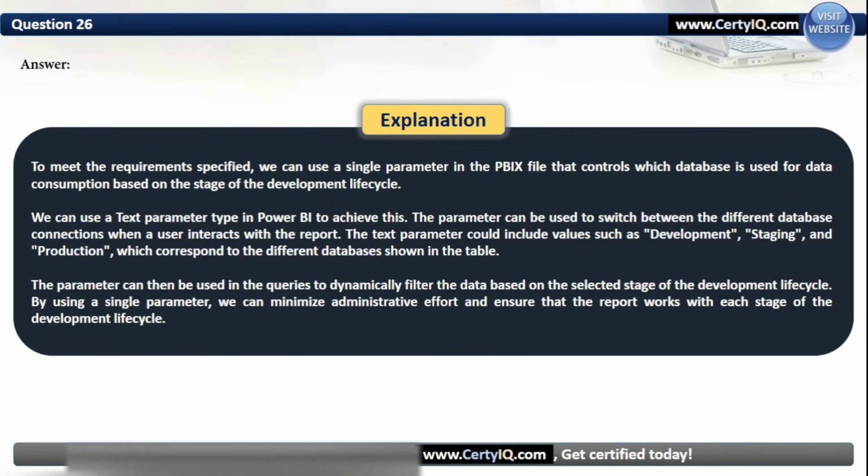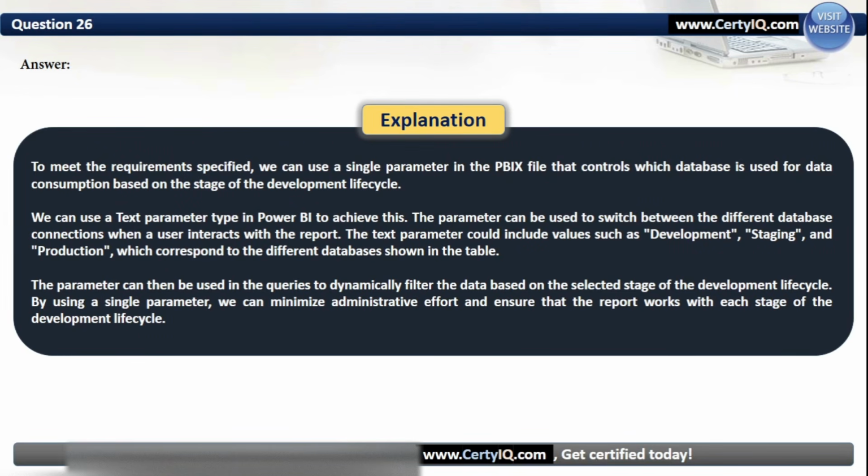The text parameter could include values such as development, staging, and production, which correspond to the different databases shown in the table. The parameter can then be used in the queries to dynamically select the data based on the selected stage of the development lifecycle. By using a single parameter, we can minimize administrative effort and ensure that the report works with each stage of the development lifecycle.